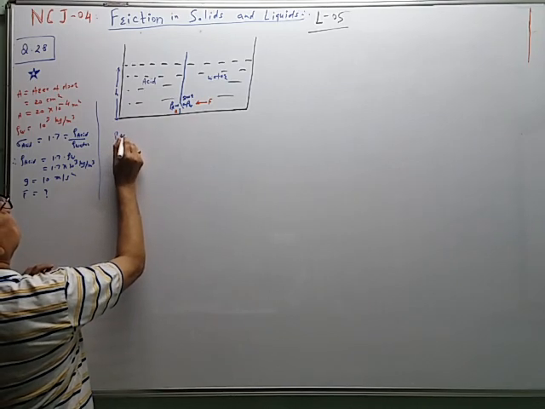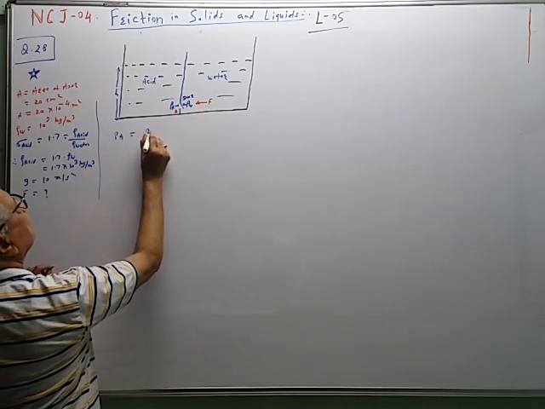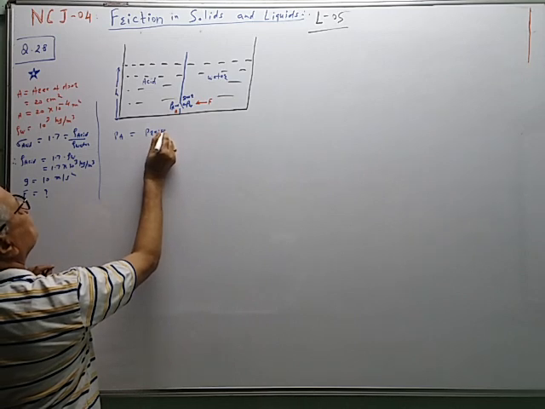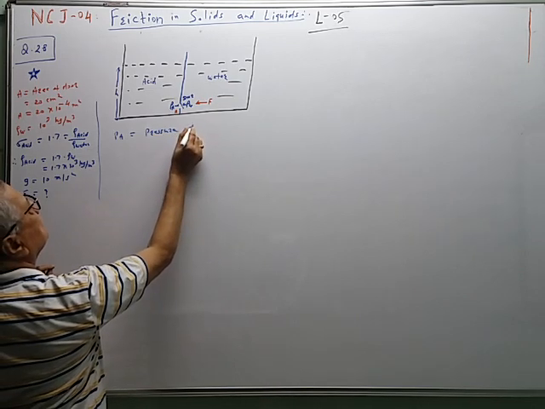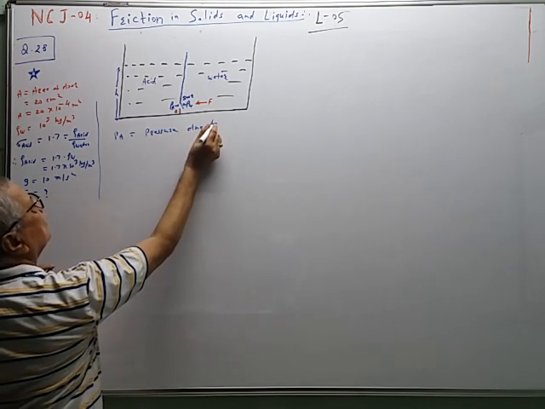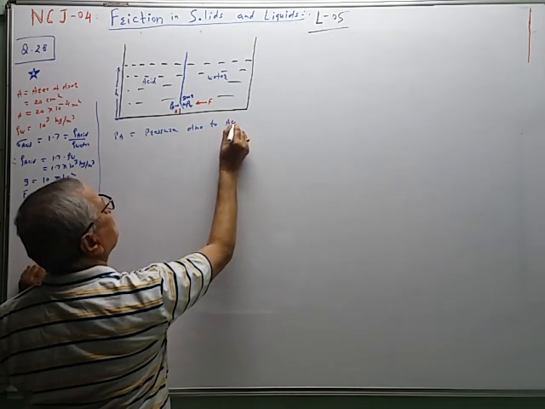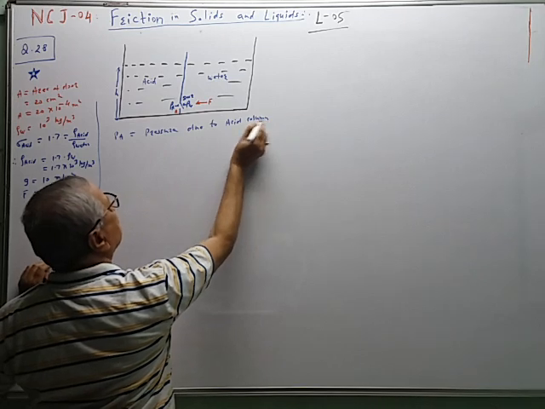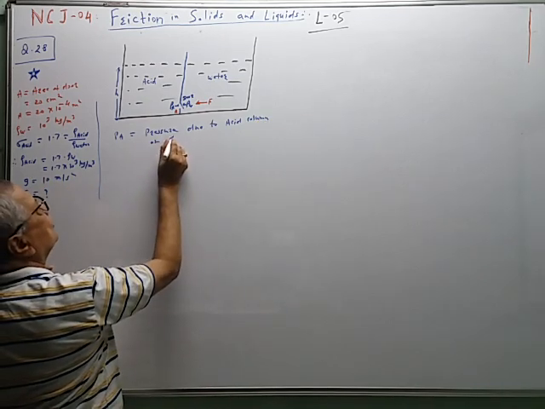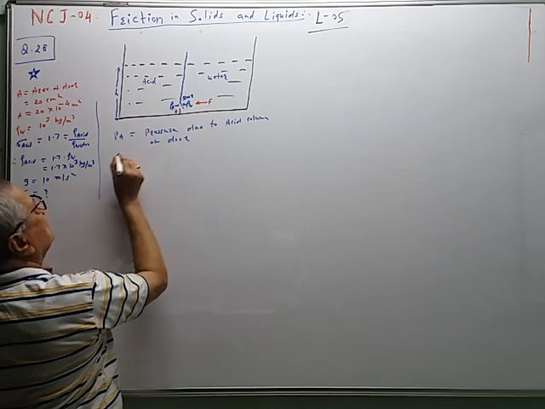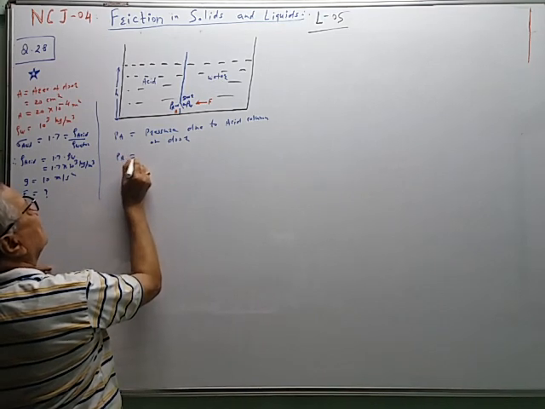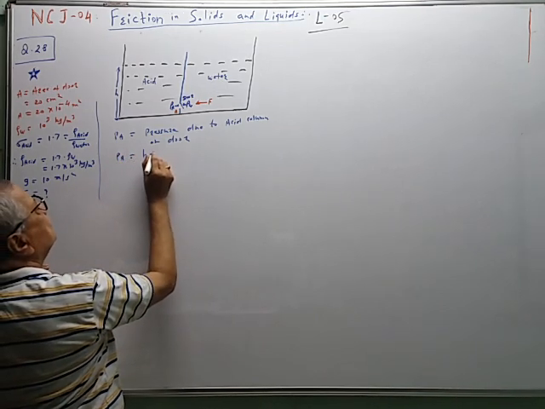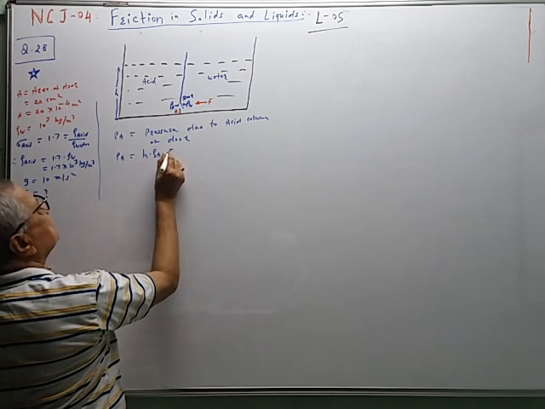P A is equal to pressure due to the acid column, A for acid. Pressure due to the acid column on the door is equal to height of the acid column multiplied by density of the acid multiplied by g.